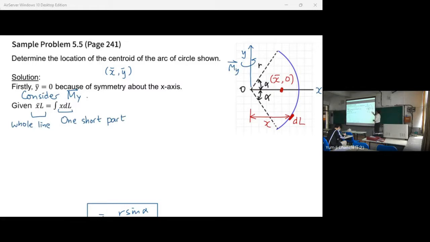If we take one short section, then the length is dl, the moment arm is x. Of course, because this is only one short section, we take integration over that. That is what we talked about on Tuesday.